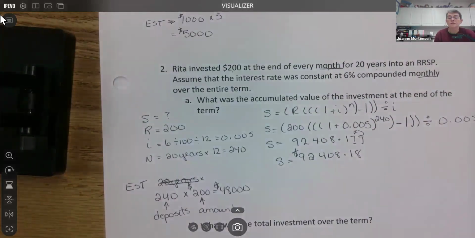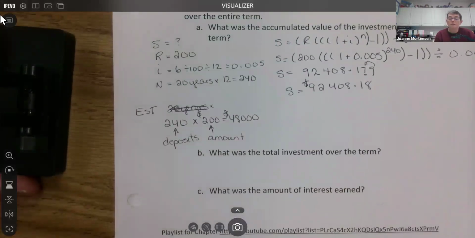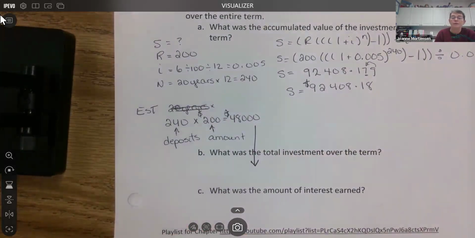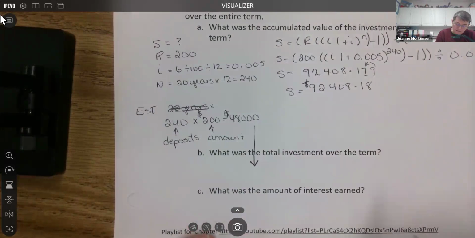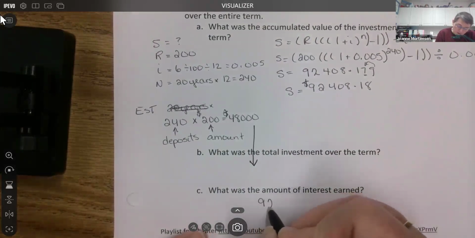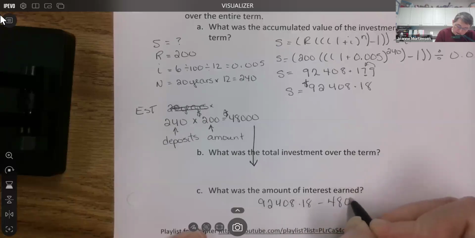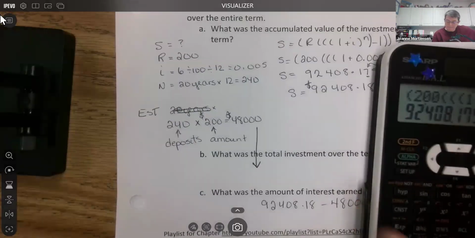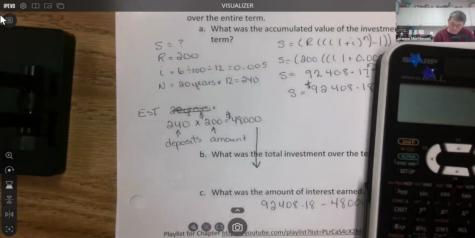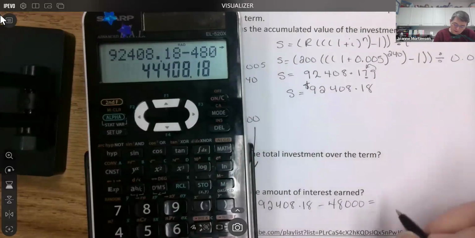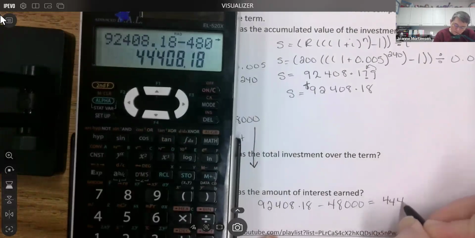So I guess I answered some of these questions already. What was the total investment over the term? In other words, how much did Rita put in? How much was interest? Well, 92,408.18 minus 48,000 is 44,408.